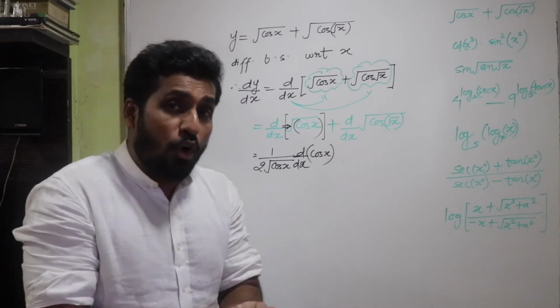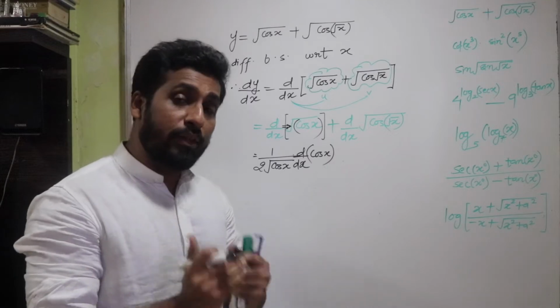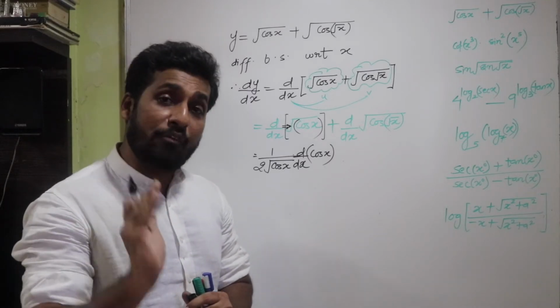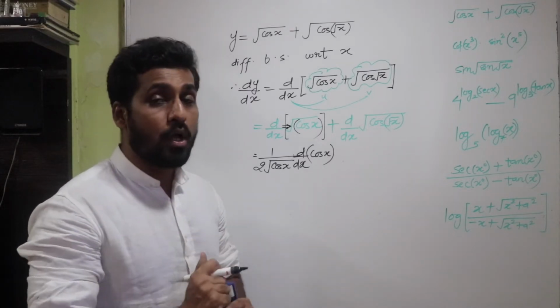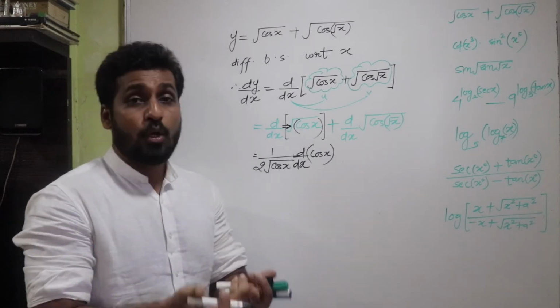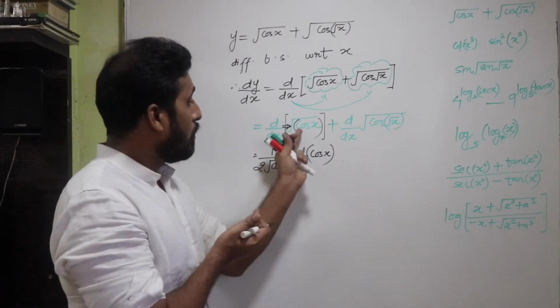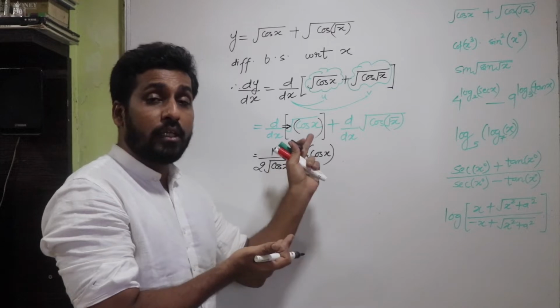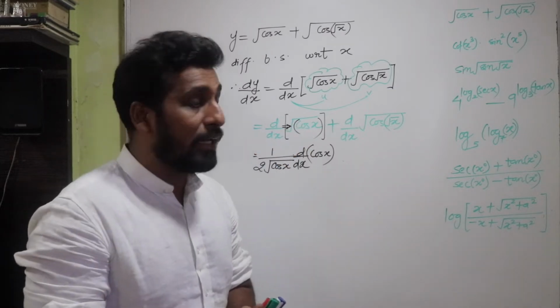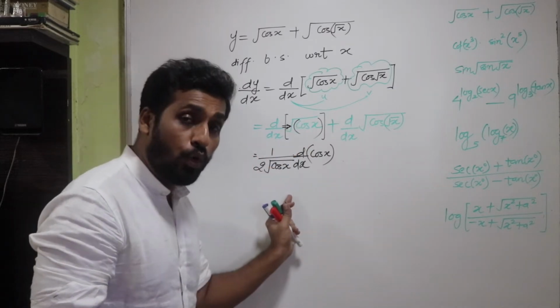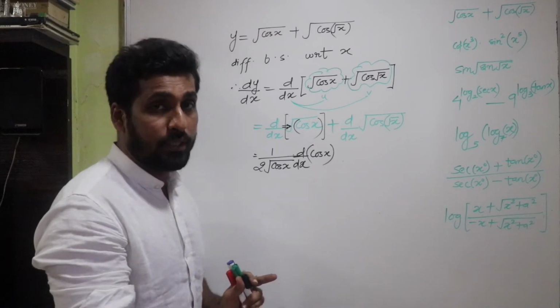So if a function of u gets differentiated with respect to u, then the answer would definitely have been 1 upon 2 root u. But the function is u, and I am differentiating with respect to x. Hence my derivative would be 1 upon 2 root u, and again the derivative of u with respect to x.